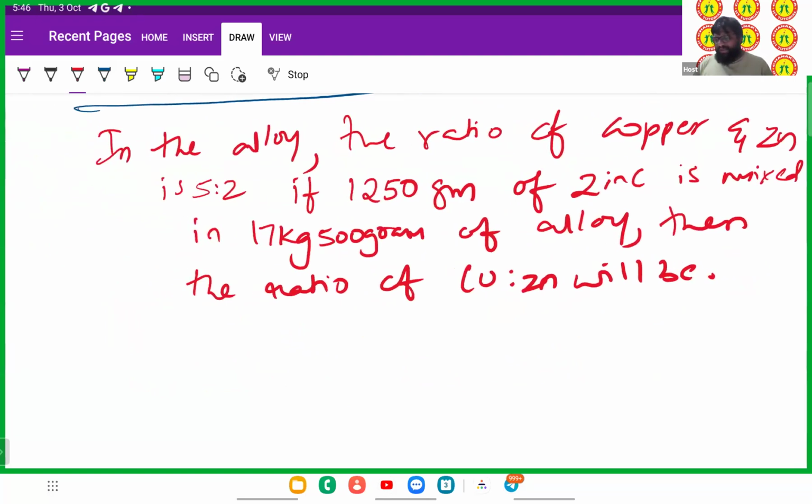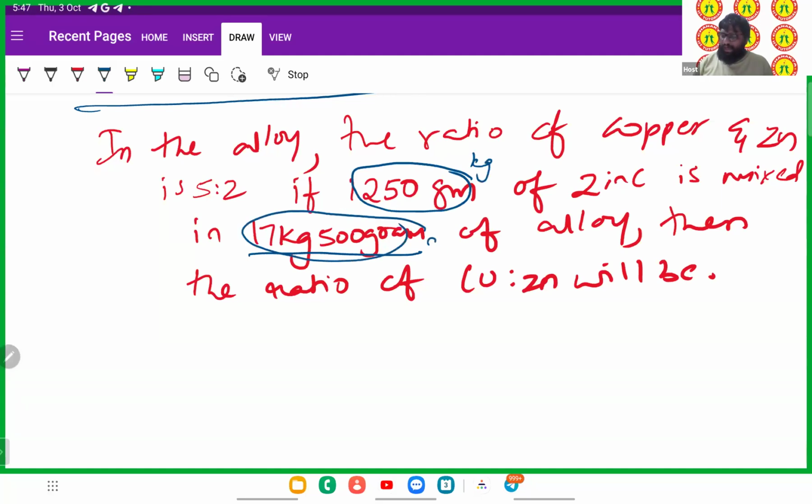So please read the question properly here. Don't get confused with this. Whenever we are discussing ratio and comparing any quantities, the unit should be the same. So first of all, you convert either this into kilograms or this into grams. Whatever method you find convenient, you can go with; the answer will be the same.